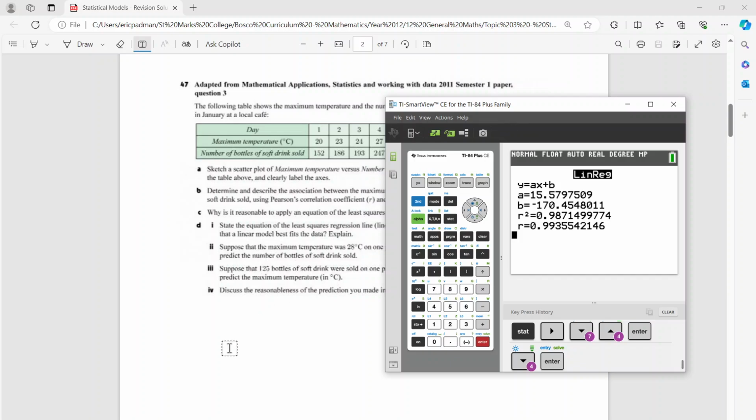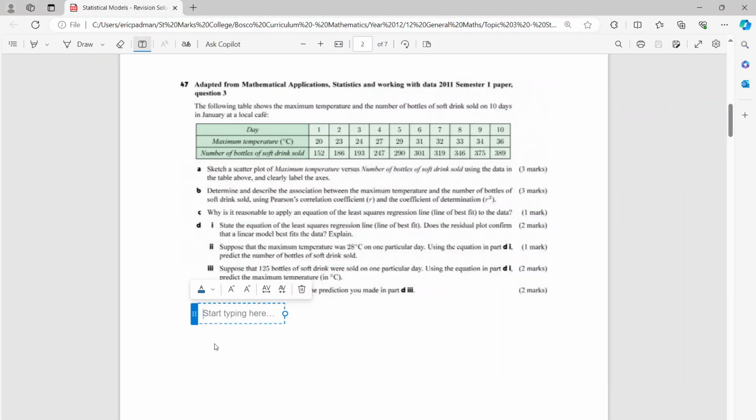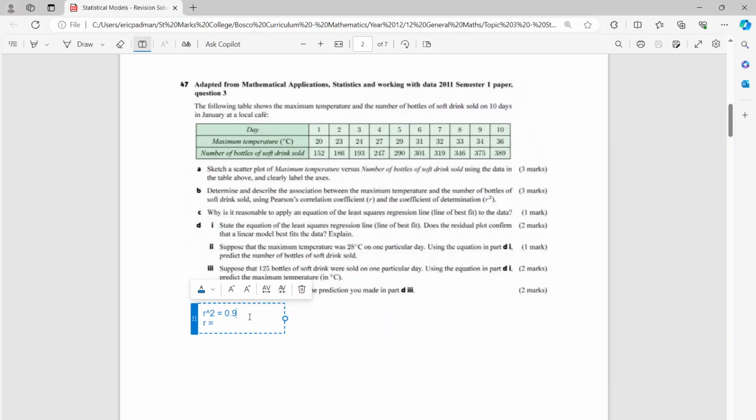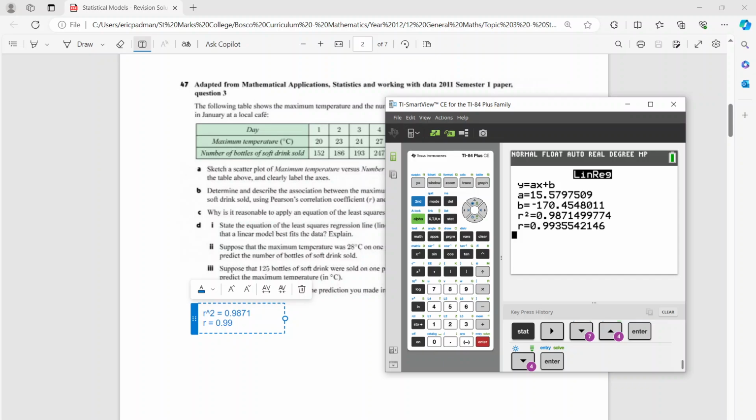All right, so down. Okay, shut that down. R is 0.9871. And R squared is 0.9934.